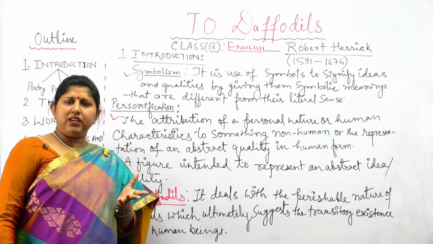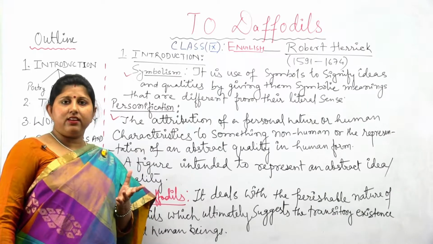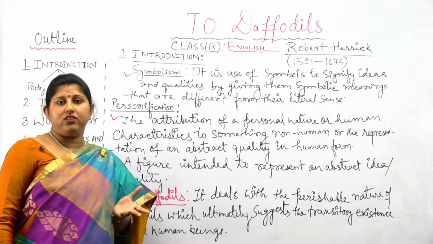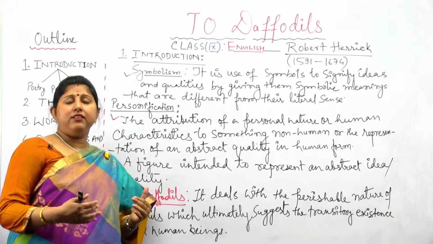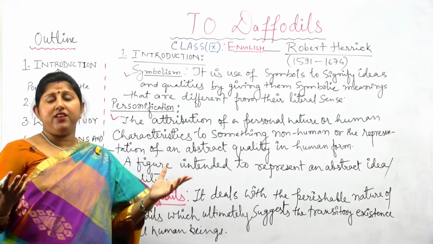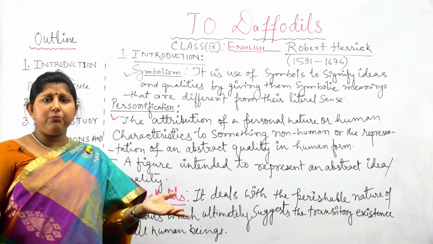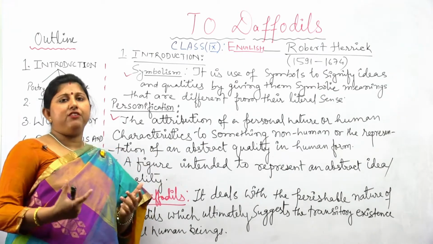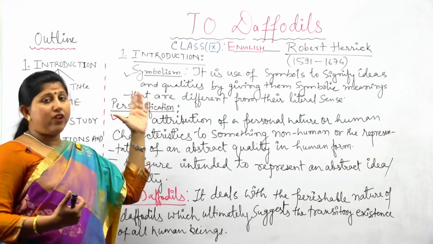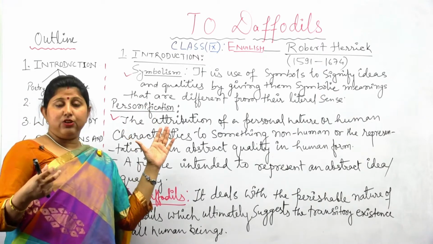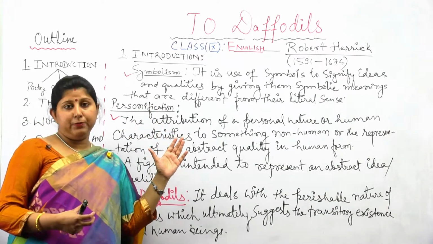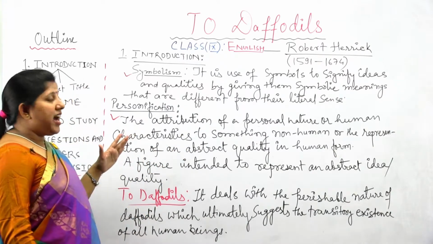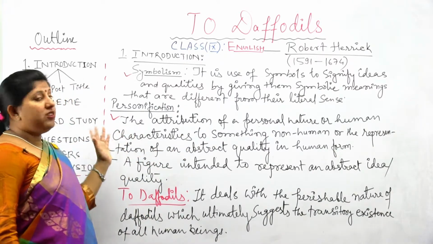Can you say something about this line? A piece of broken mirror suggests separation. In the same manner, if you are talking about a flower, it automatically suggests beauty. That is called symbolism. But here we will find how this flower can be related to the lifespan of a human being.